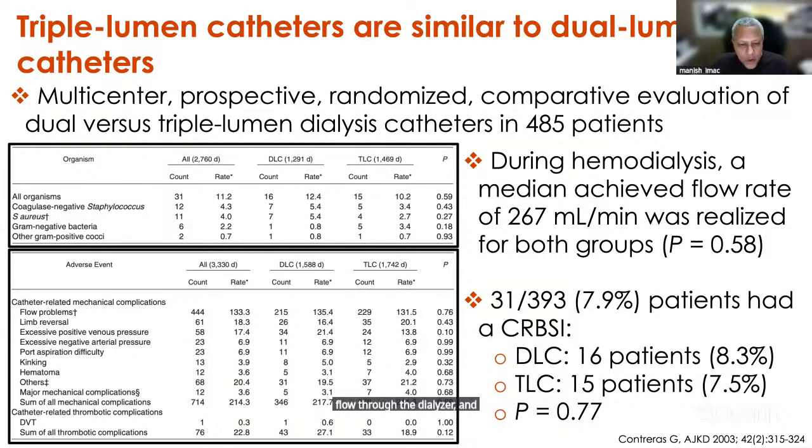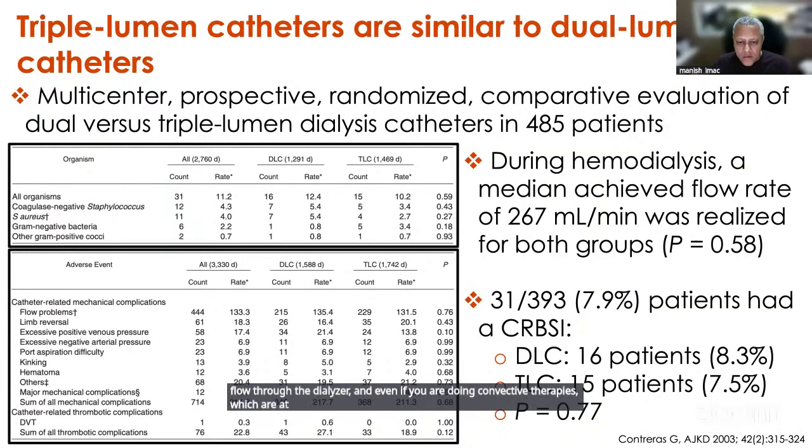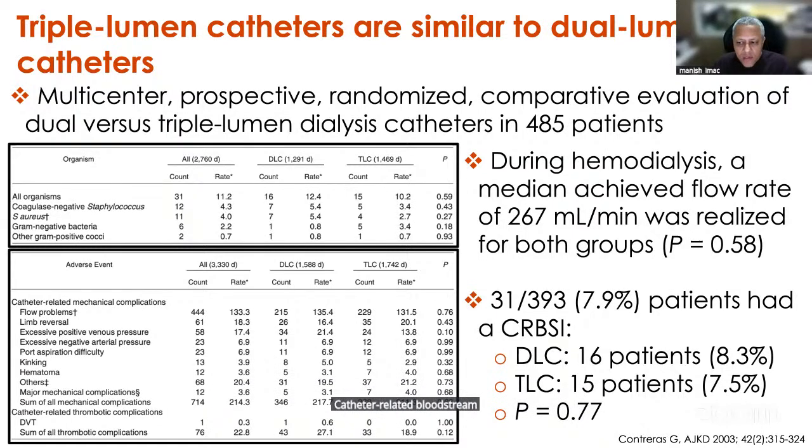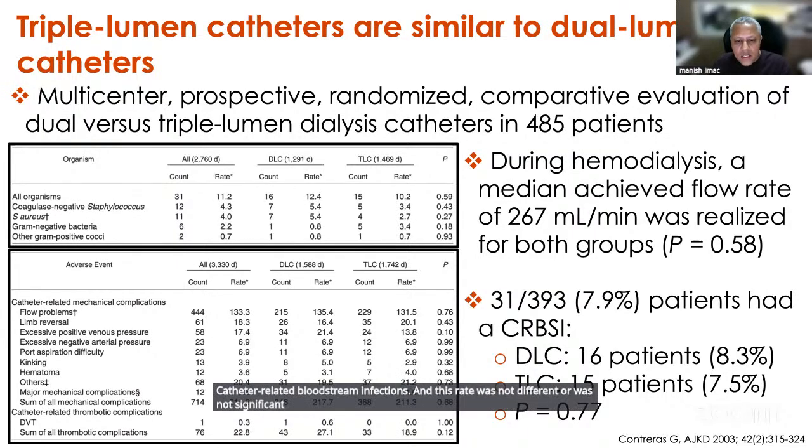Even if you are doing convective therapies at reasonable convective doses, you should not be in trouble at these blood flow rates. And only about 7.9% of patients had catheter-related bloodstream infections, and this rate was not significantly different whether these patients were using dual lumen or triple lumen catheters.